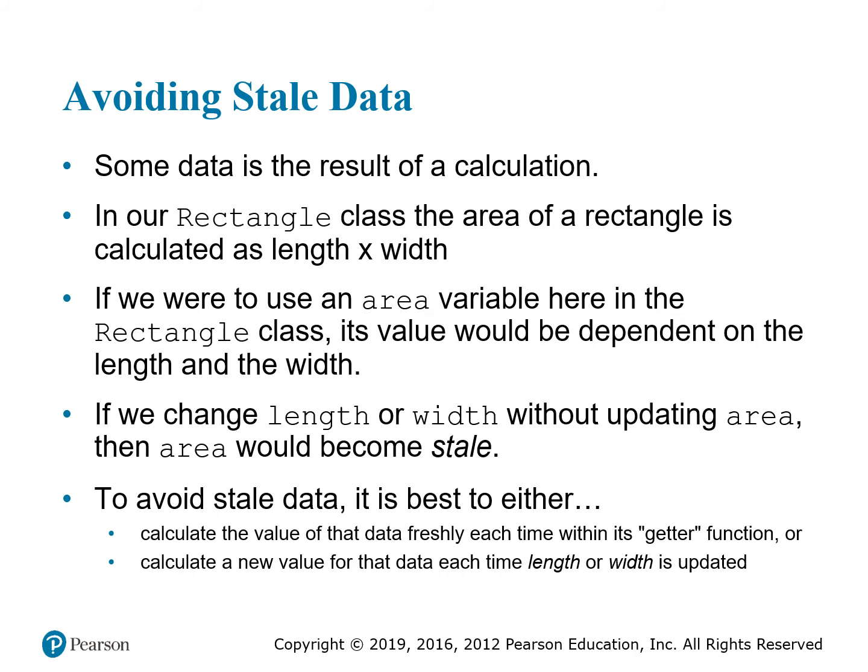Which one do you choose? It sort of depends on how computation intensive this calculation is. For length times width, that doesn't require much of a workout on the computer's part. So just calculating length times width every time someone calls getArea makes sense. But what if I had 100 students in my class and I wanted to take the average score and the standard deviation of their data?